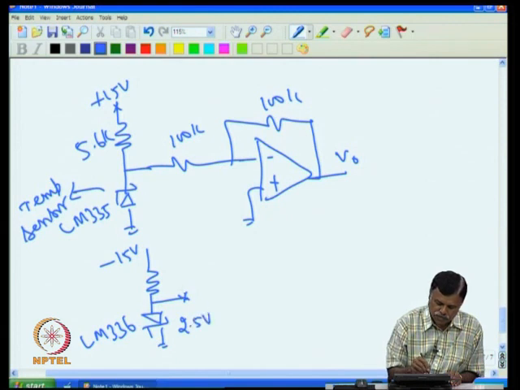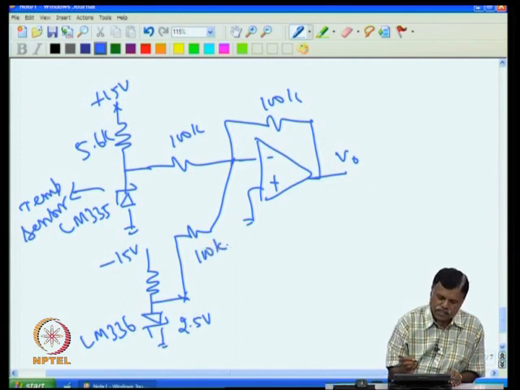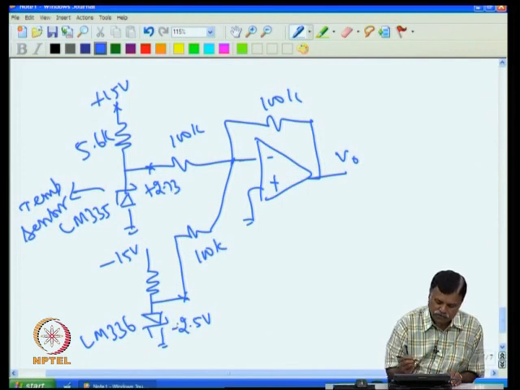So I can do one thing, I can connect this 100 K and connect to this. Then at 0 degree C, this is kept at 0 degree C, I will get here plus 2.73 volt, and at that time it is minus 2.5 volt. Then I will get output, the difference between these two, that will be minus 2.73, and this gives you plus 2.5.